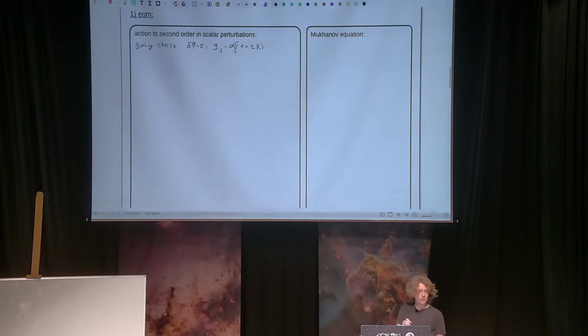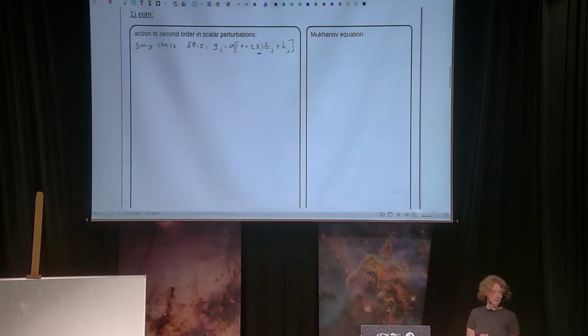But since in the end we want to write things in terms of curly R, let me write it in terms of this, but you could also just write psi and compute with that. And then we have the tensor mode, which we will not be worried about in this lecture. So we want to compute everything to second order in this parameter, and then in the end compute the power spectrum for this perturbation.